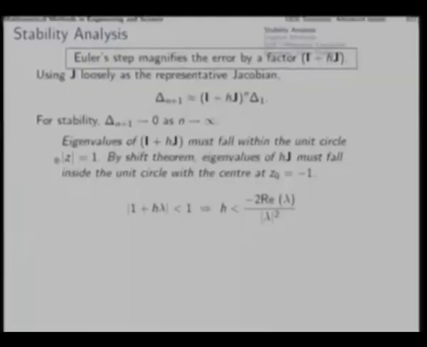Okay, this is the unit circle, and the eigenvalues of this matrix, we need their magnitudes less than 1. So, by shift theorem we know that eigenvalues of this matrix are related to the eigenvalues of Hj, because addition of the identity matrix is basically increasing the eigenvalues by 1.